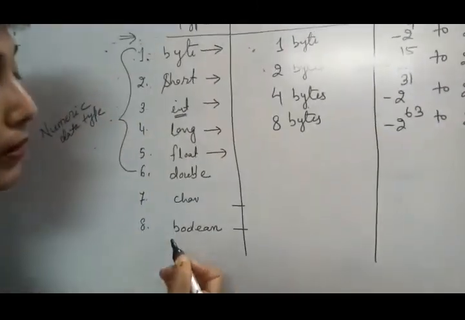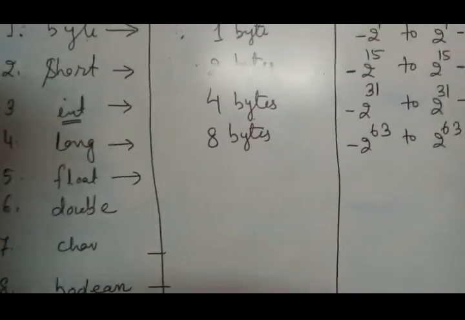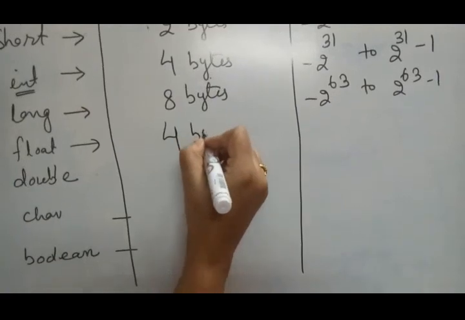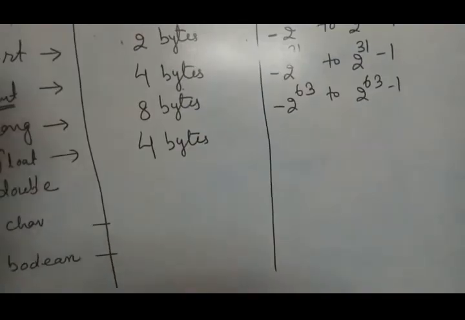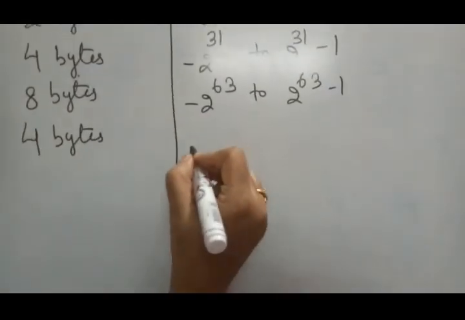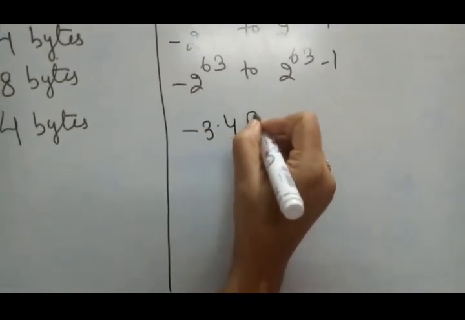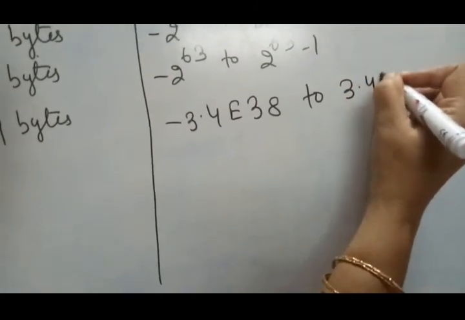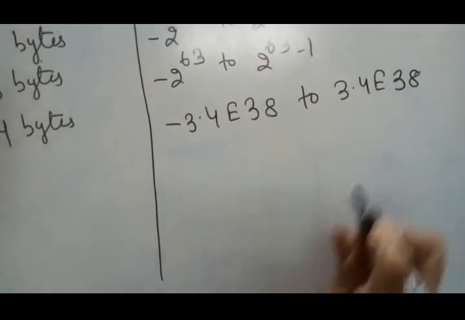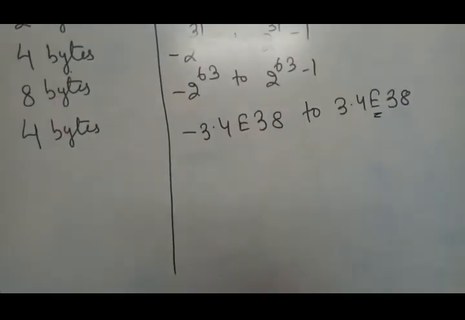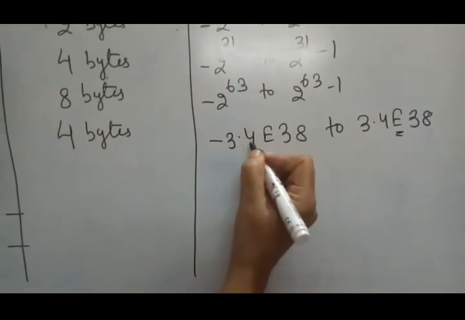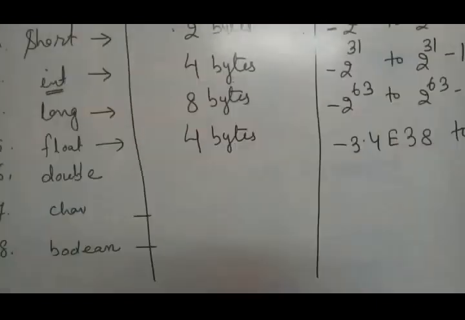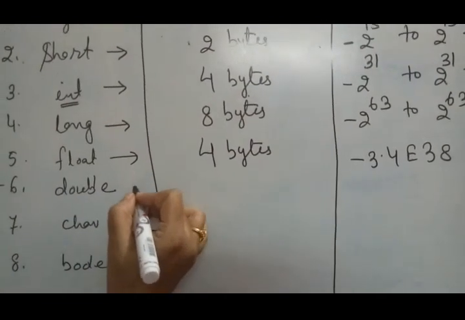It supports single precision floating point literals, and it takes 4 bytes of memory, and its range is -3.4e38 to 3.4e38. Okay, here E stands for exponent. This means -3.4 into 10 to the power 38. Now next one is double.